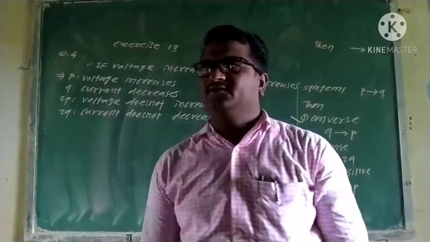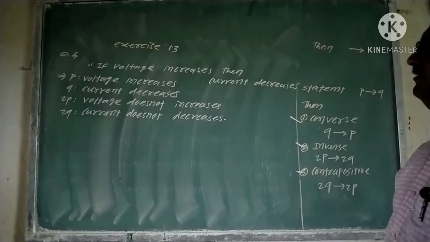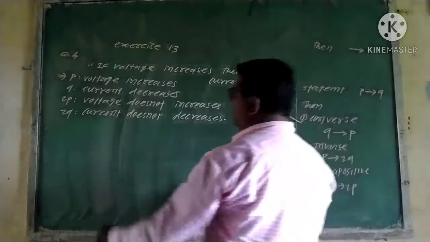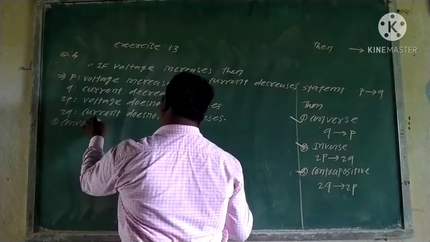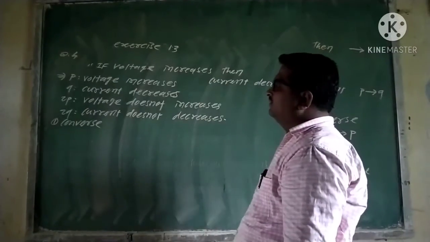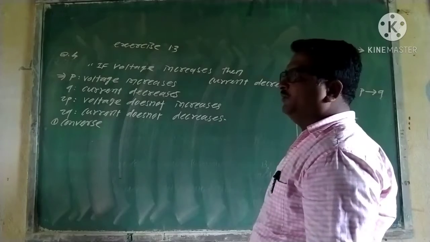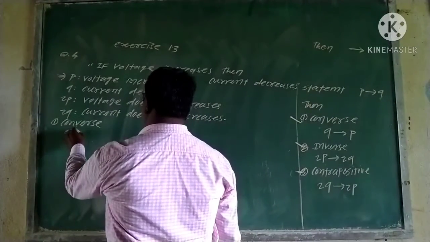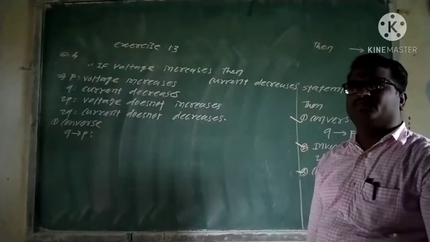Now here we can write the converse of the given conditional statement. Converse means we change the position of the first and second statement, so that Q implies P. It is the symbolic form.